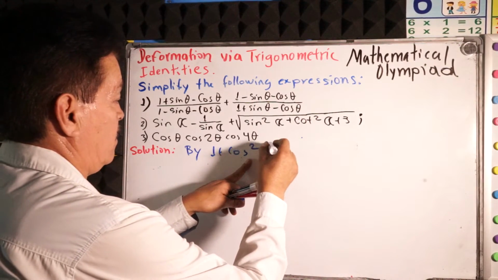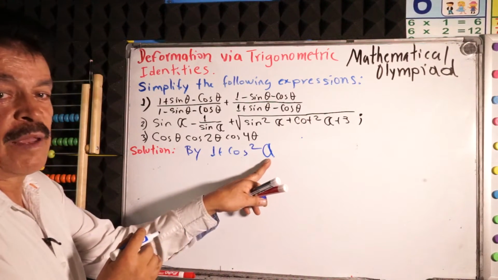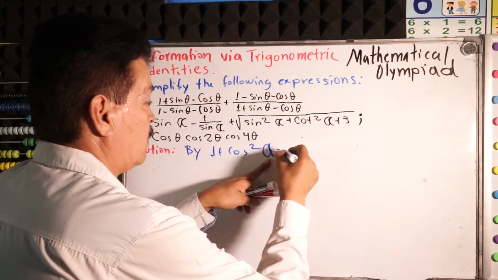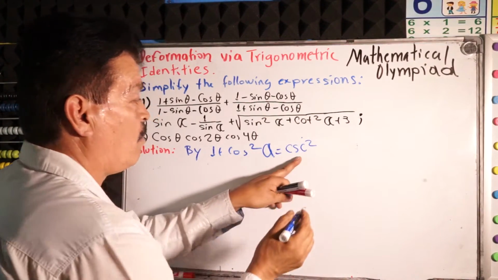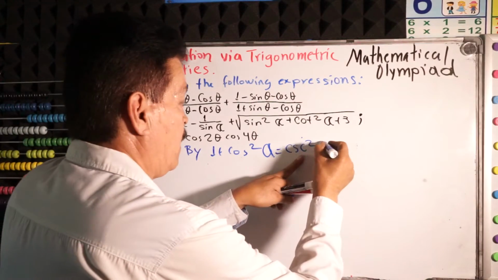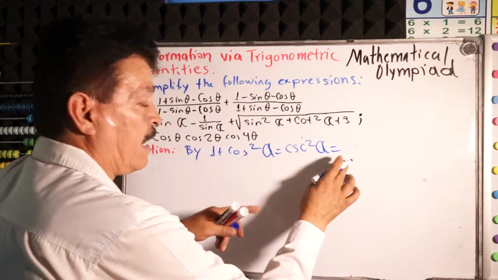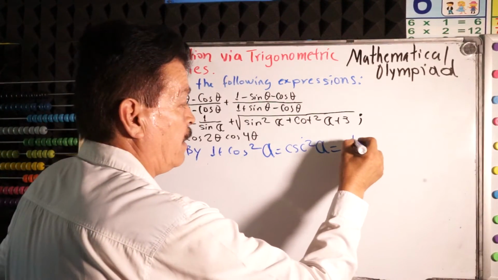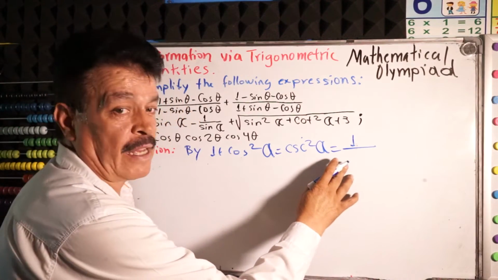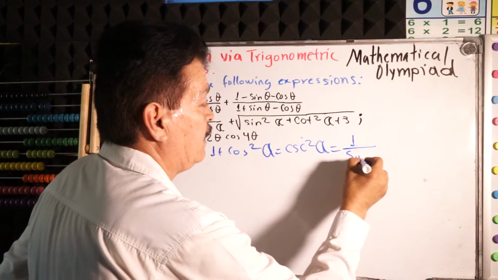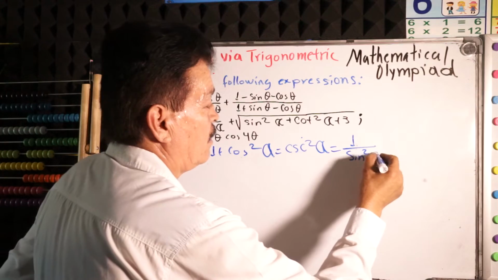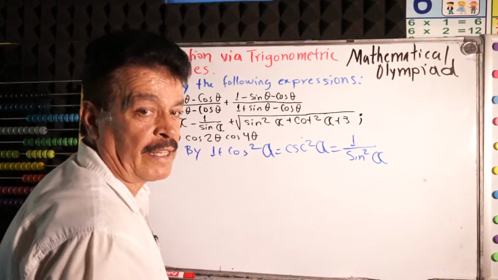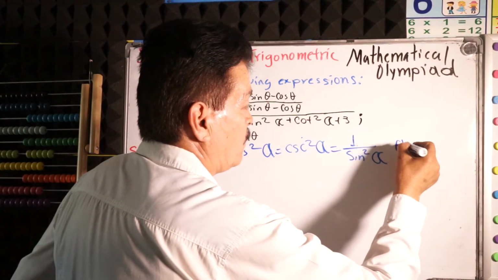Yeah, this is a different name. This equals cosecant to the second power, which equals 1 divided by sin.